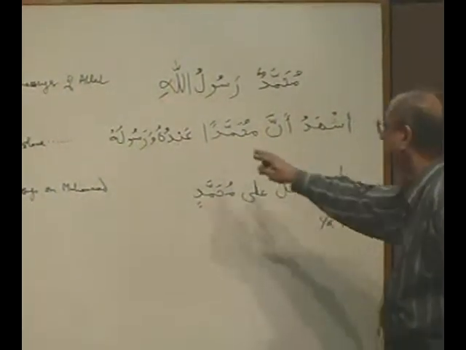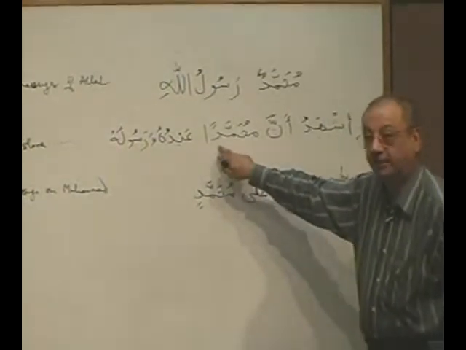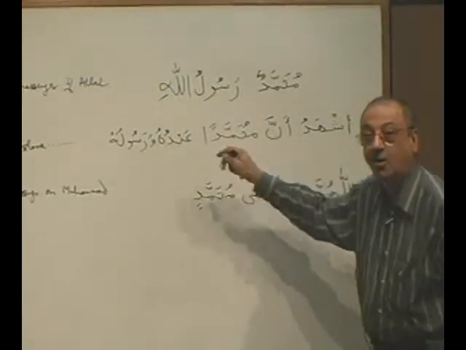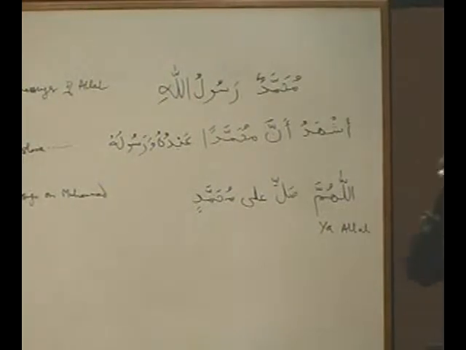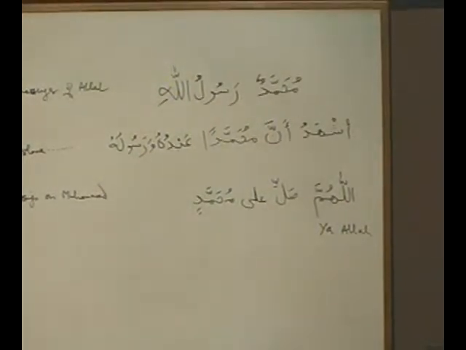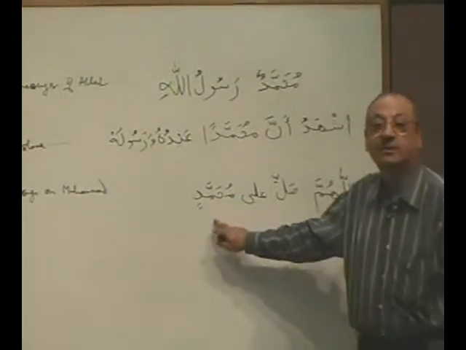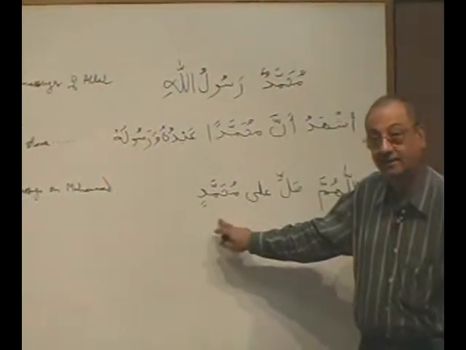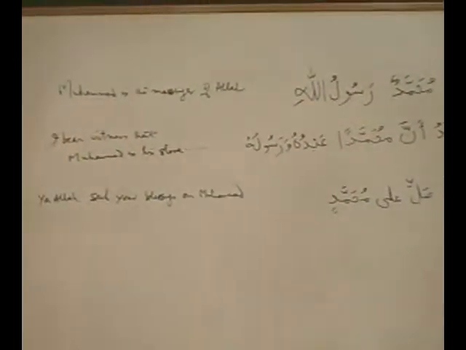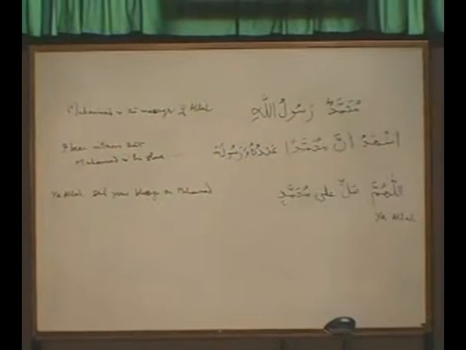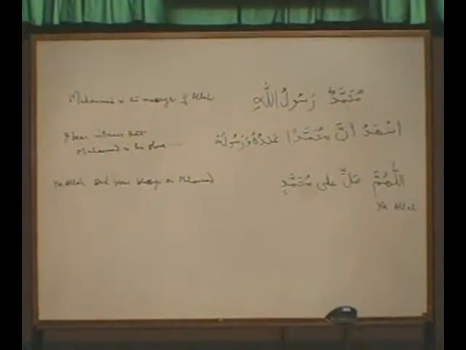It can decline to tanween fatah, or if you have al, then it is one fatah, or it can decline to tanween kasra, or with alif and lam, with al, one kasra.